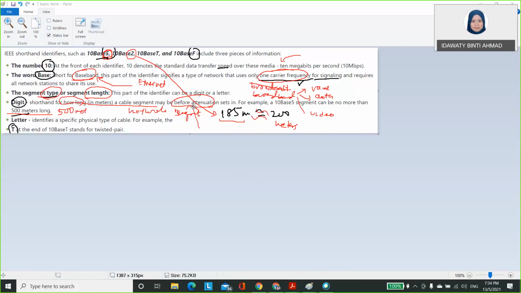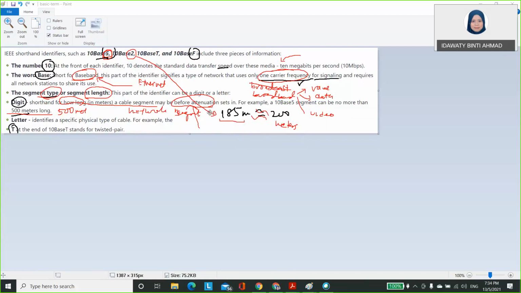Up to the maximum 200, then you need a repeater in order to transmit the signal. Or else the signal becomes attenuated, very weak, and we will lose a lot of information from there, so there will be errors because of the attenuation.